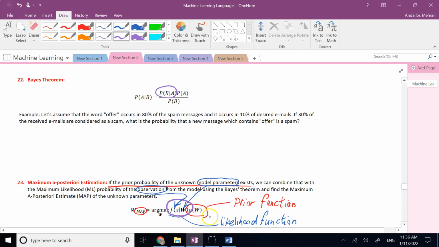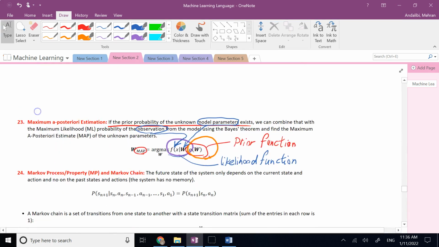And this other one, g of w, exactly corresponds to p of a. And you're trying to maximize the numerator, which is almost the same as this one, except you're neglecting this p of b. Why do you neglect this p of b? What is p of b here?